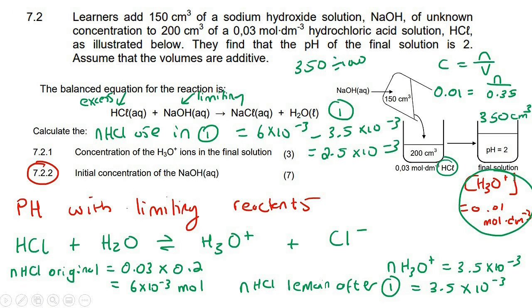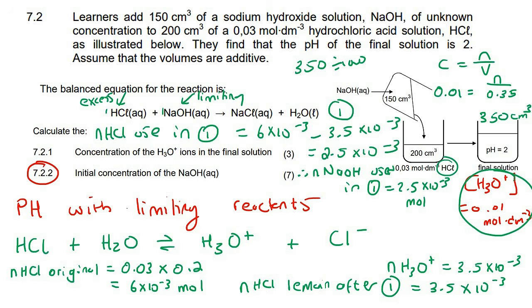Okay. So we're going to use this much HCl over here. Then you can work out how much NaOH we used over there. And so the ratio is 1 to 1. So we can then say, therefore, the moles of NaOH used in this reaction 1 will be equal to 2.5 times 10 to the negative 3 moles.